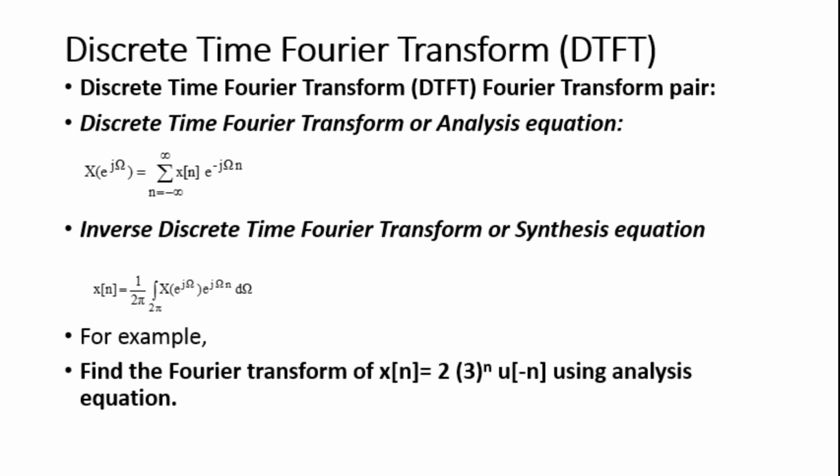For example, find the Fourier transform of x(n) = 2·3^n u(-n) using the analysis equation.